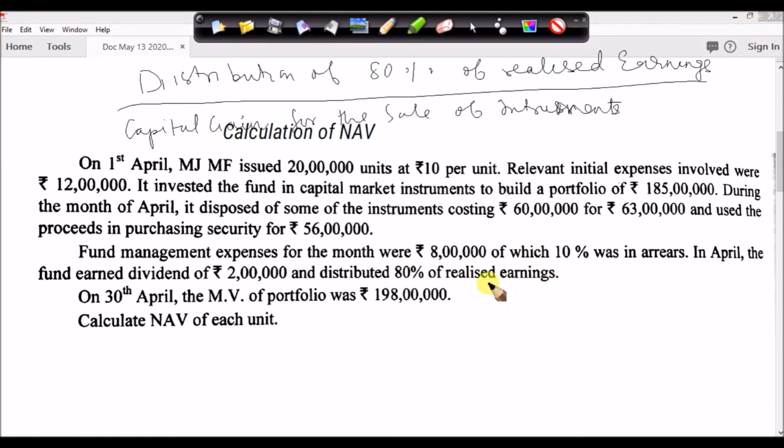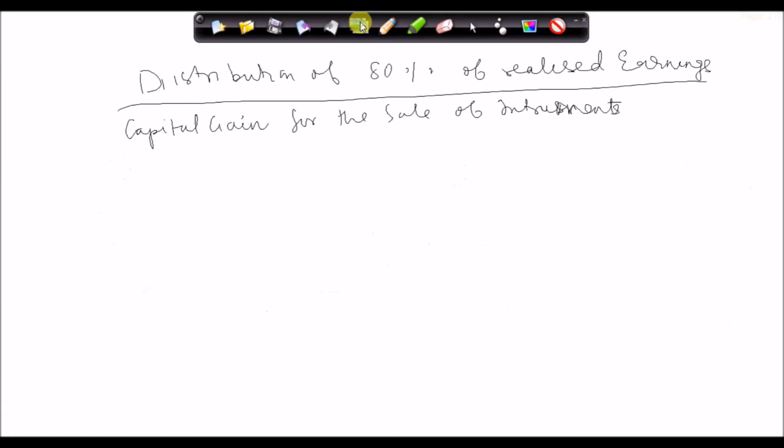So now my target is to find out the realized earnings. So the instrument were costing 60 lakhs and they were sold for 63 lakhs. So there is a capital gain of 3 lakhs.